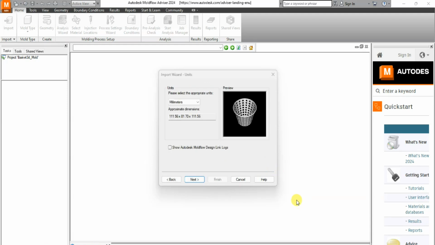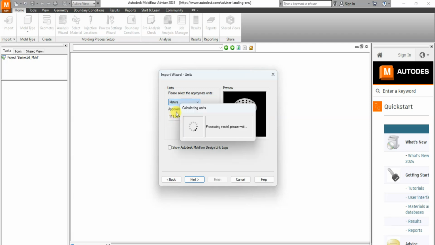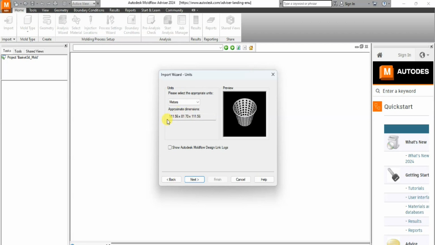So this is the preview of the paper baskets. Now the units, you have the option of millimeters, centimeters, meters, and inches. So I think I will rather go with the meters units. The approximate dimensions is this.